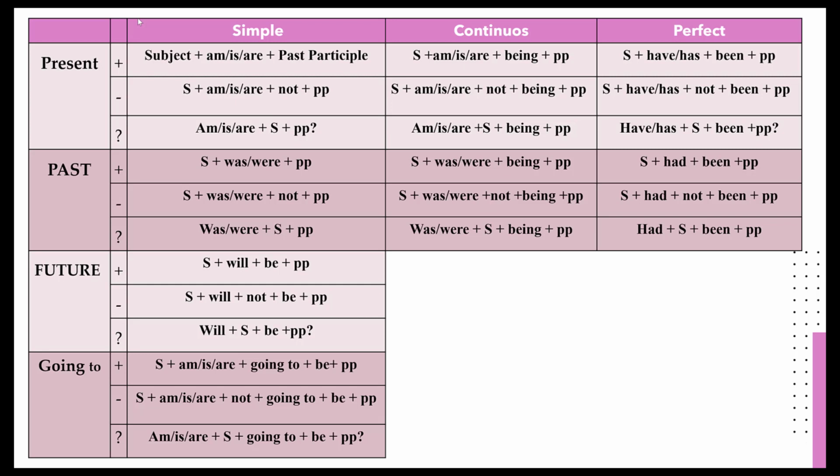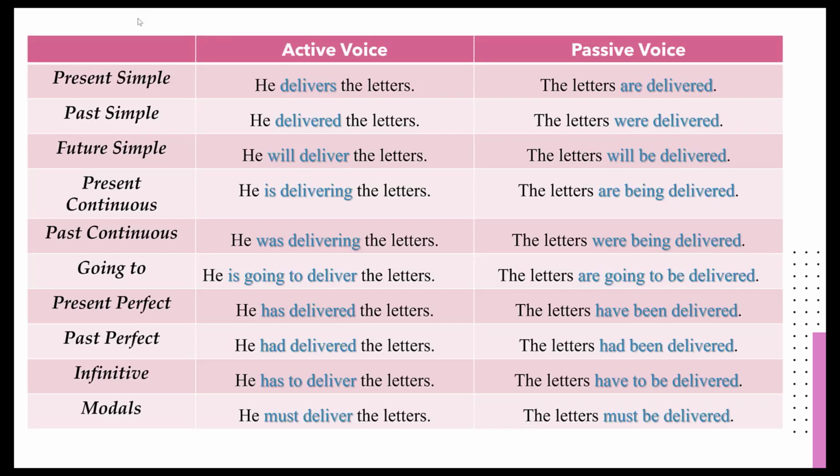We use the verb have, has, had for present perfect and past perfect questions. We use will for future simple questions. These are some examples. According to the steps you have learned, you can transfer these active sentences to the passive in different tenses. Pause the video to take a look.